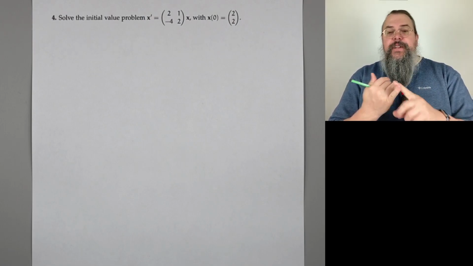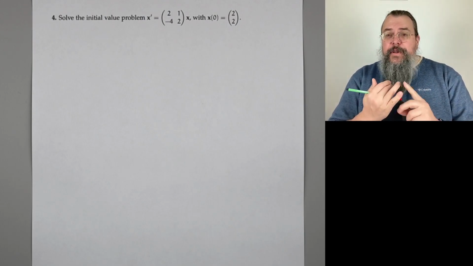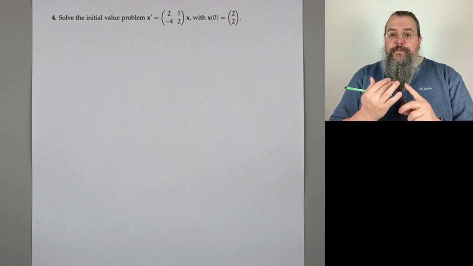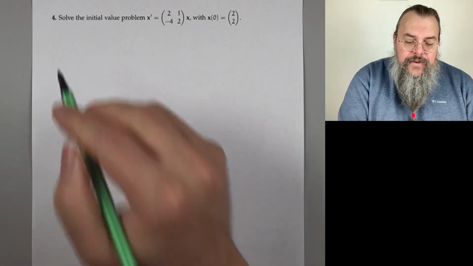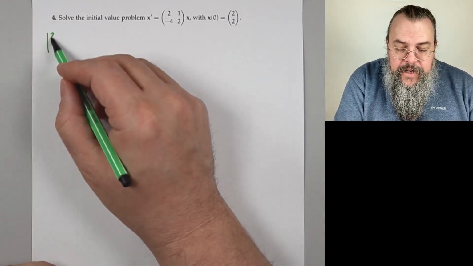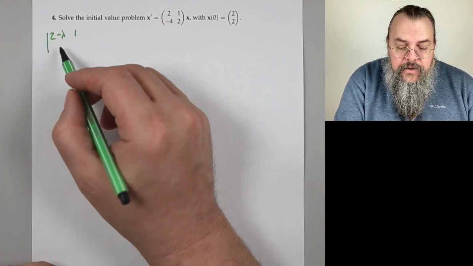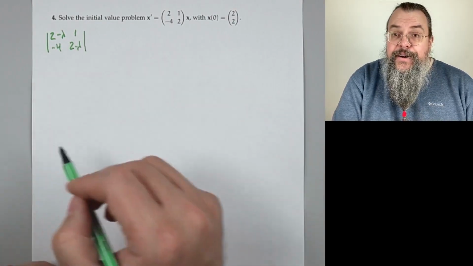It depends on whether the eigenvalues are repeated, distinct real, or complex. But we always start with finding the eigenvalues. We're going to get really good at that, and if you haven't yet, don't worry. You still have time, and with time, you'll get better.